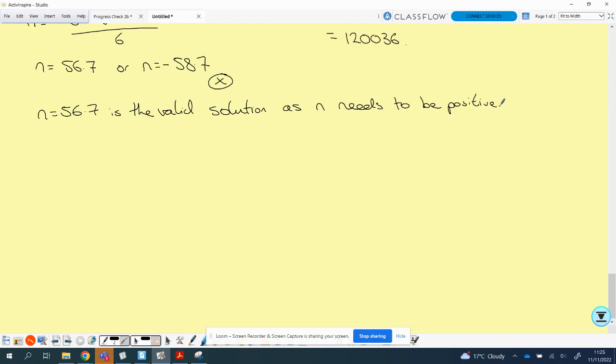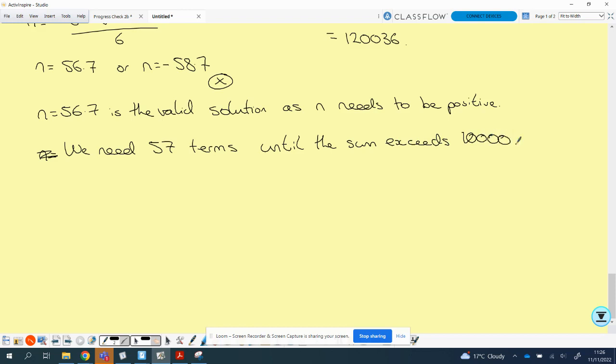Now obviously there's no such thing as a 56.7th term in this series, so we have to go up to the next value, so n would be, we need 57 terms until the sum exceeds 10,000. Are we okay with that?